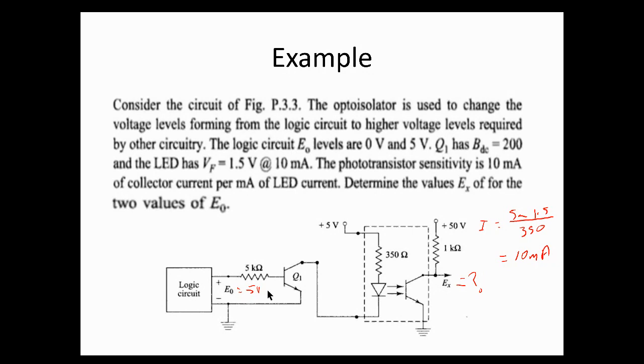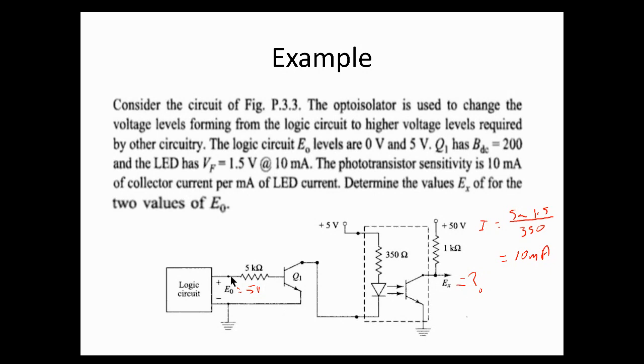Right. So when we apply 5 volts, so that we're able to turn on this phototransistor, therefore when we get 5 volts from our logic circuit, we have basically 0 volts at EX.